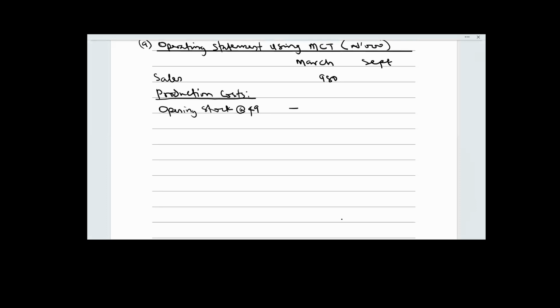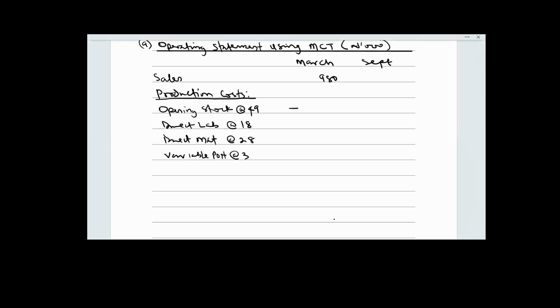Then the next item will be direct labor. According to the question, direct labor is 18 naira. You also have direct material at 28 naira, and variable production overhead at 3 naira.